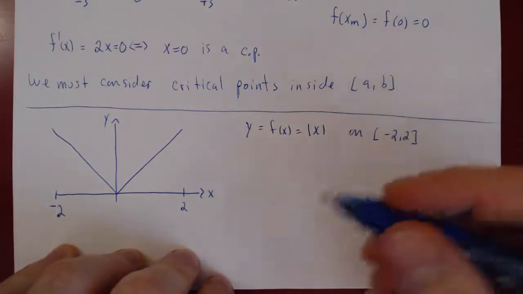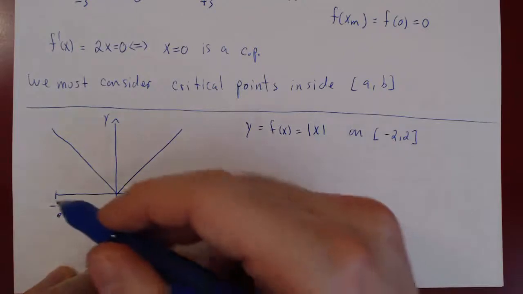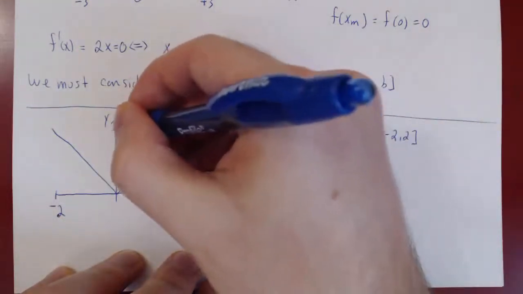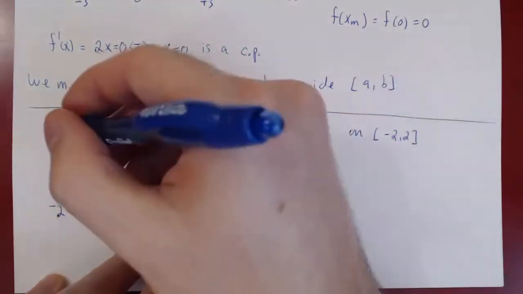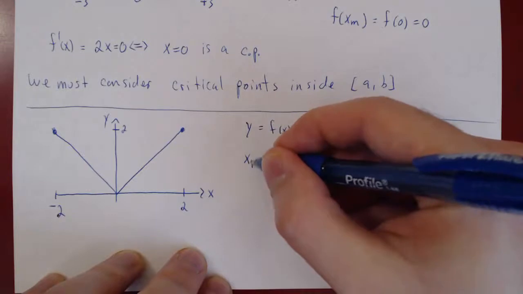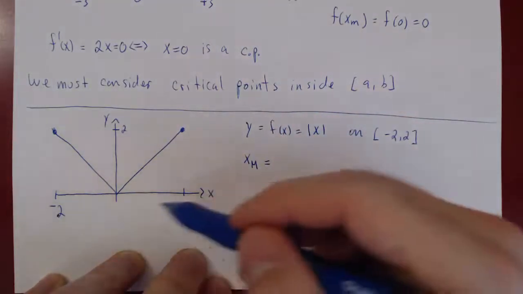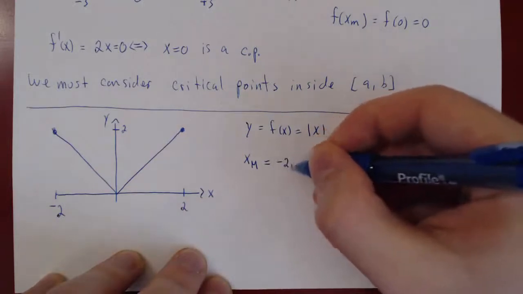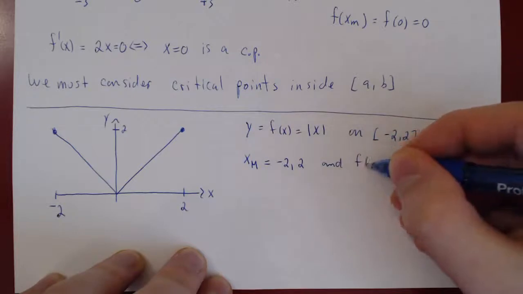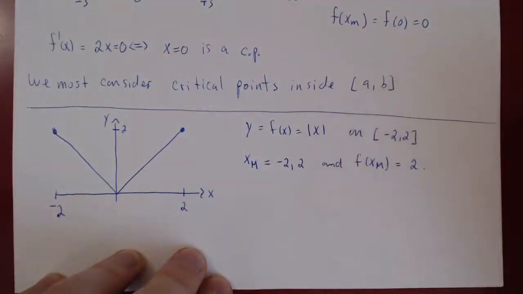And now, as before, the maximum value occurs at two different points, at negative 2 and at 2. Absolute value of 2 is 2. Absolute value of negative 2 is also 2. So our absolute maximum, our global maximum, occurs at two values, at negative 2 and 2, and the maximum value of the function attained is 2.